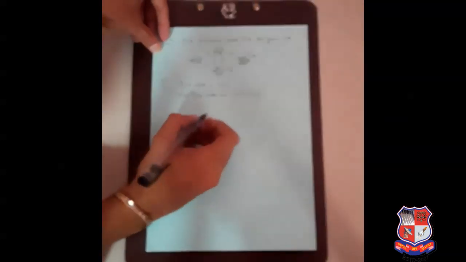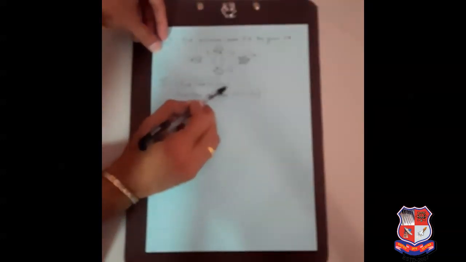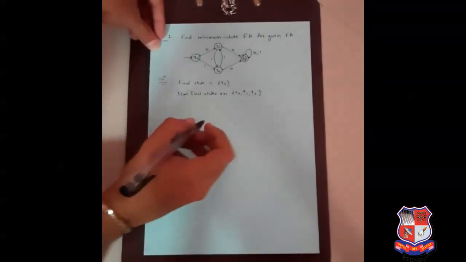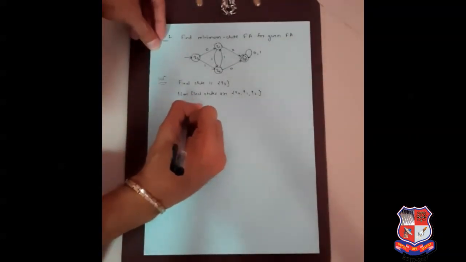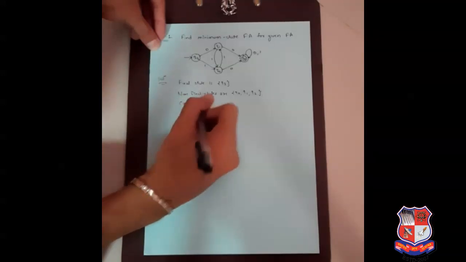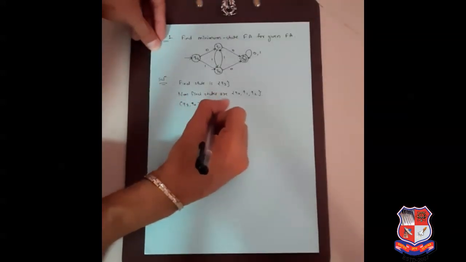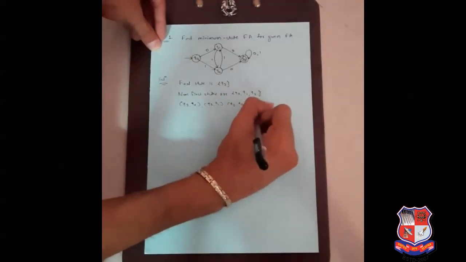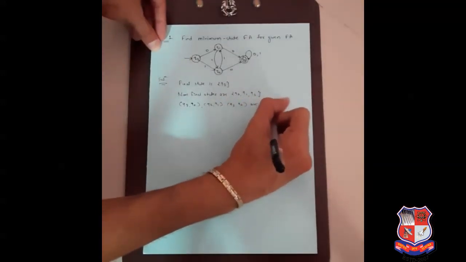These 3 are the non-final states. Now we are going to make the pairs Q3, Q0, final and non-final pair, Q3, Q1, Q3, Q2. These 3 are the distinguished pairs. So Q3, Q0, Q3, Q1 and Q3, Q2 are the distinguished pairs.